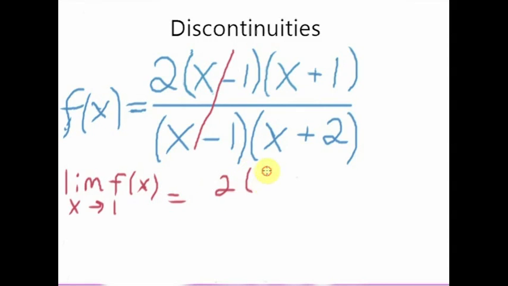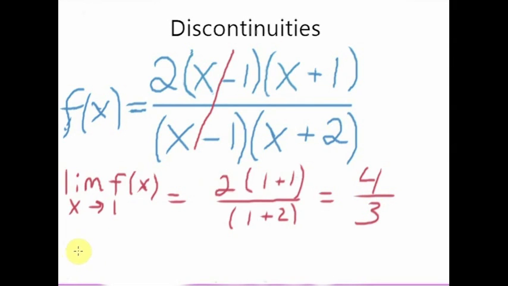We can now cancel out the x minus 1's on the top and bottom, and then plug in 1 to the rest of the equation. We now get 4/3 as our answer. So our open circle occurs at (1, 4/3).